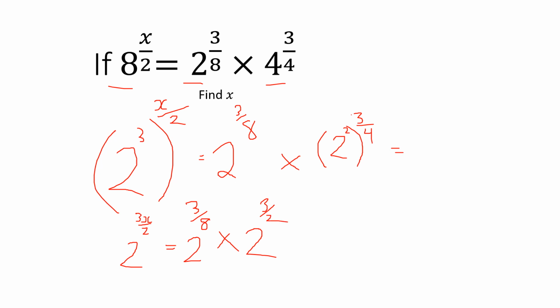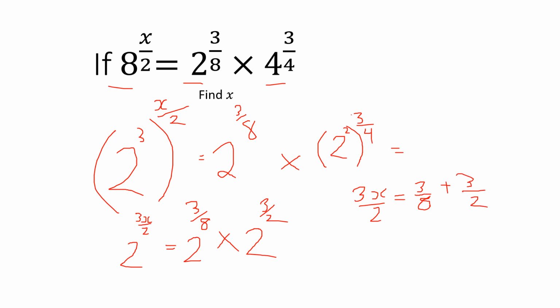I'm now going to form an equation and solve for x. By comparing the powers of 2, I'm going to have 3x over 2, or 3 halves x, equal to 3/8 plus 3 halves. I hope it's making sense so far.